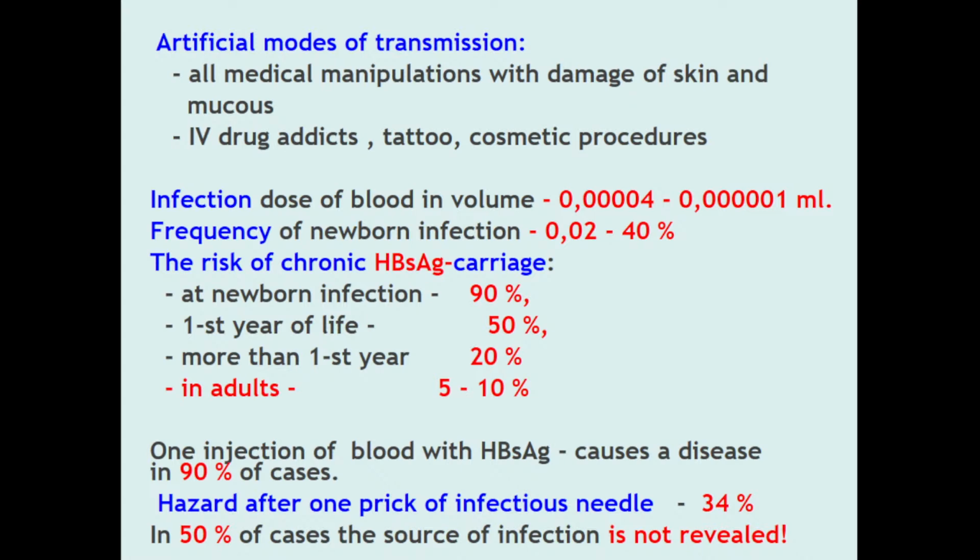And in adults, percent of chronization is only 5 to 10%. So mostly acute hepatitis B in adults and with recovery. And only 5 to 10% have chronic form and eventually cirrhosis and liver cancer and so on.